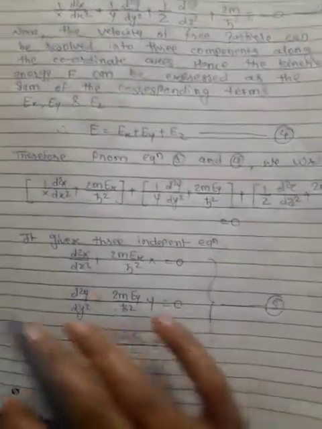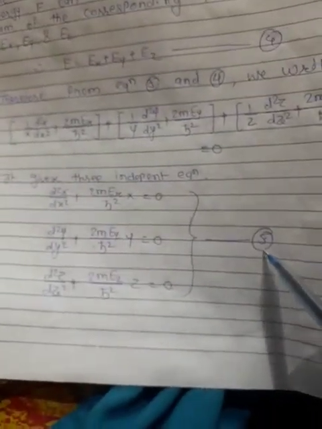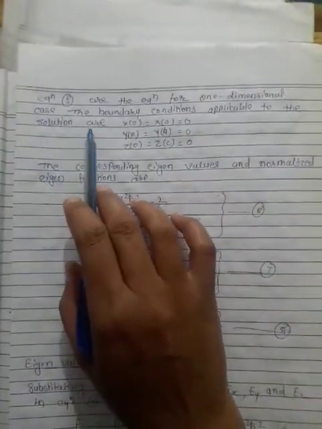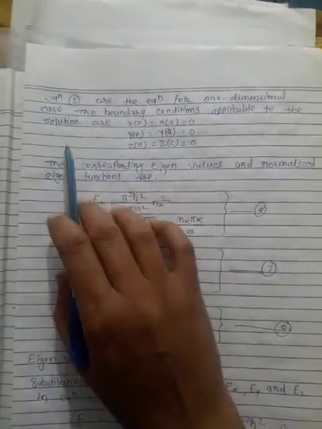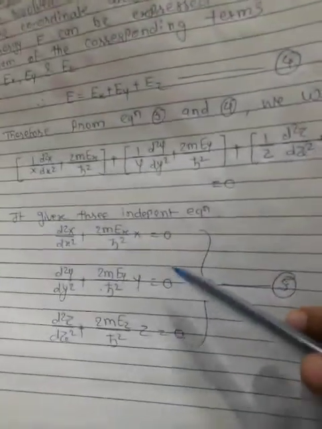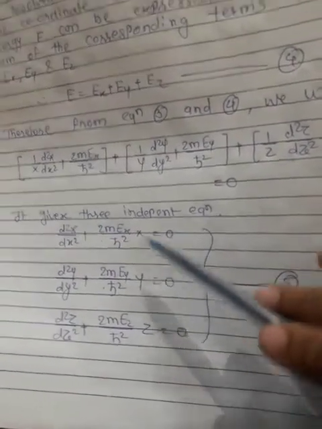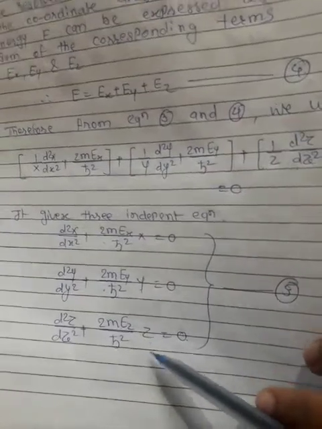These are the three independent equations, equation 5, which are the equations for the one dimensional case. These are one dimensional differential equations along the x-axis, along y and along the z-axis.